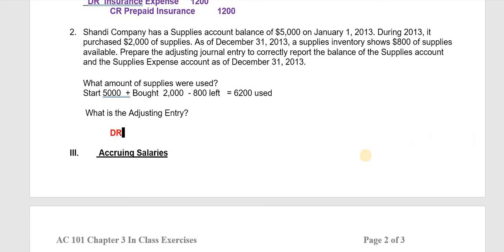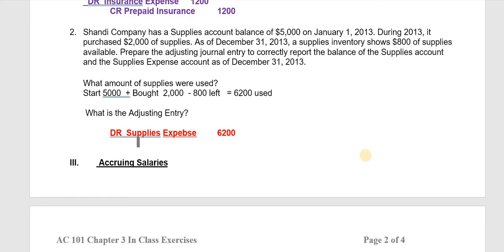So we're going to debit supplies expense for 6,200 and credit supplies 6,200. You see, you had to use the cupcake formula to get there.